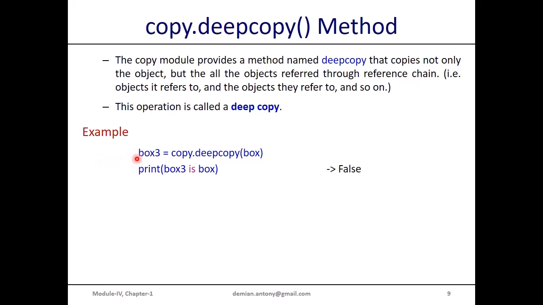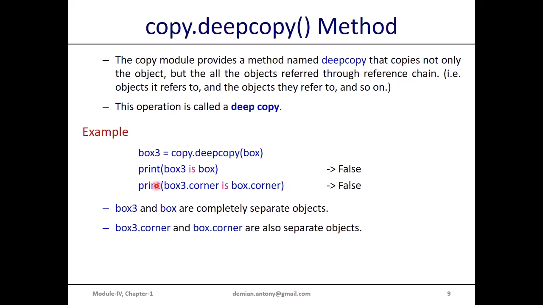We have created a box3, and let us check whether box3 is box. Identity, yes, identity is totally different. Box3 is a different object, and box is also a different object. We get a false. We'll check the identity of the attributes. Box3.corner is box.corner. In the previous example, we found the answer true, because both the attributes refer to the same object in memory.